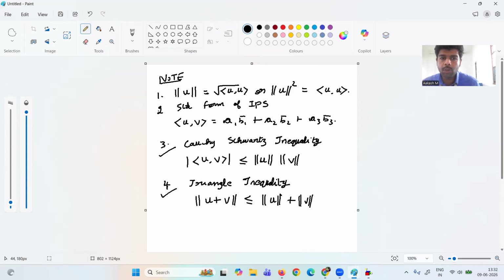Note number 2 is the standard form of inner product space. 3 and 4 are the inequalities, Cauchy-Schwarz and triangle inequality. So keep these notes in your mind.